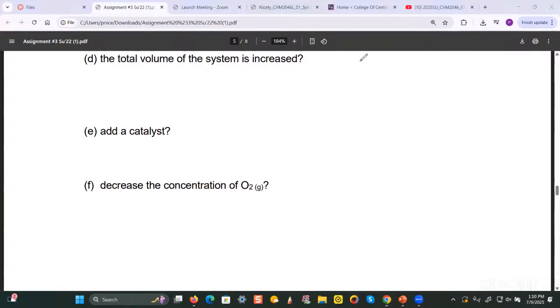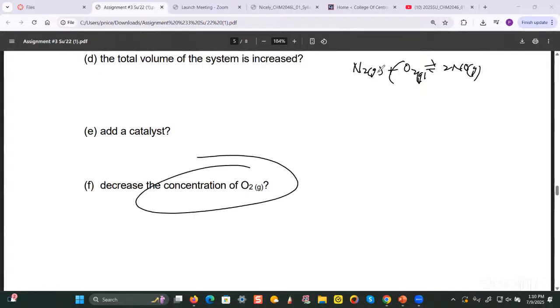The equation is N2 gas plus O2 gas to give 2NO gas. All right, so what happens if you decrease the concentration of O2? Which direction will the equilibrium shift? And of course, the explanation. So let's deal with the direction first.